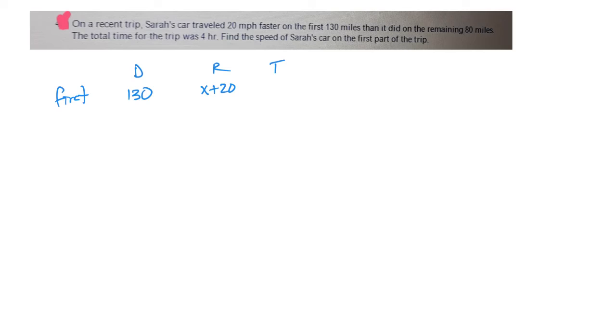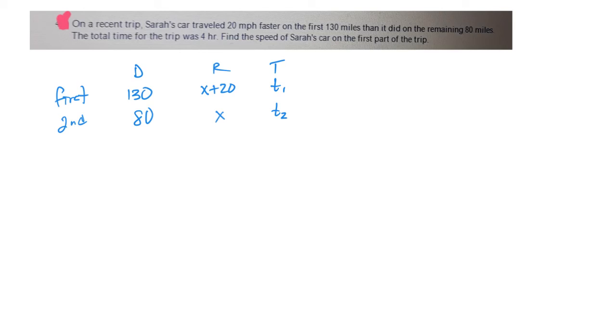And time, I don't know the time. We'll say t1. Then on the second part of the trip, she went 80 miles, at rate x, because the other one is x plus 20, and this is time 2.